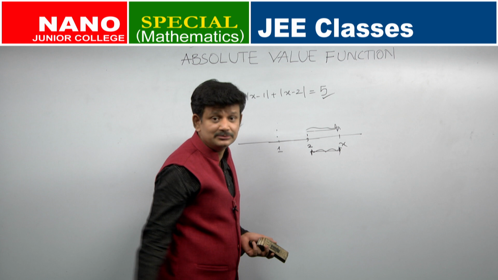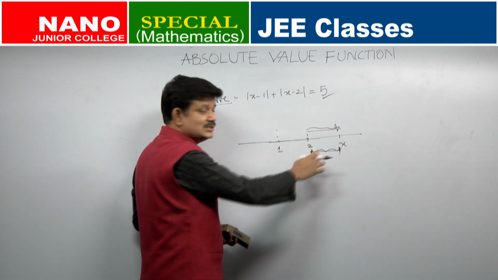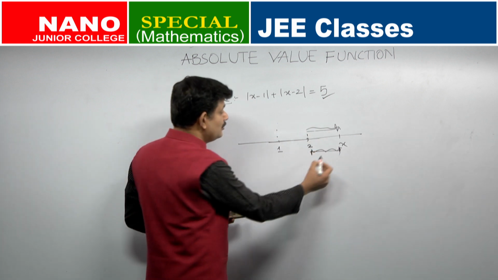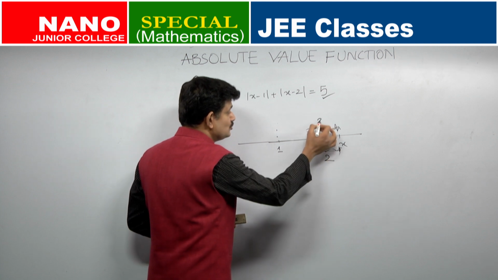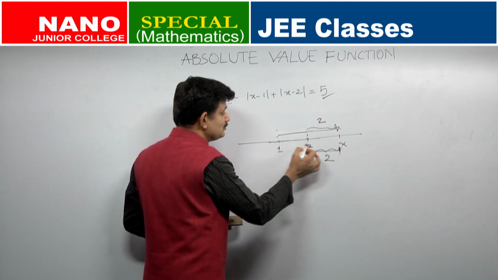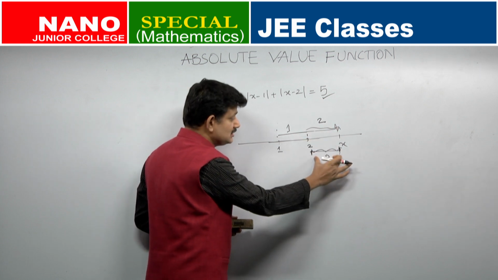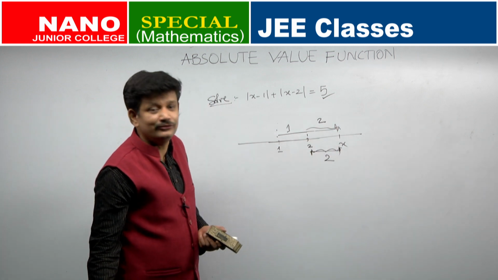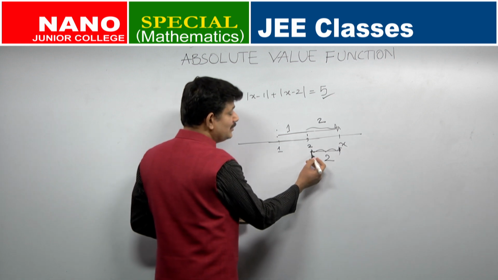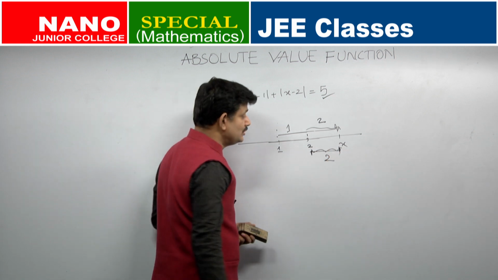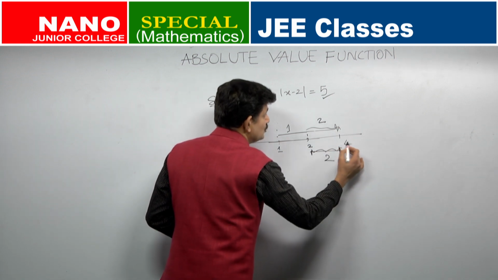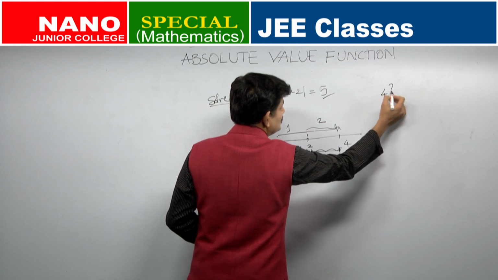Both of them are one and the same. So, 2 times this distance should be 4. So, this should be how much? 2. Once this is 2, this is 2, this is already 1 distance between 1 and 2. So, 1 plus 2, this distance is 3, this distance is 2, sum is 5. So, which is the number which is 2 units distance from 2 to its right? 4. So, one part of our solution is 4.